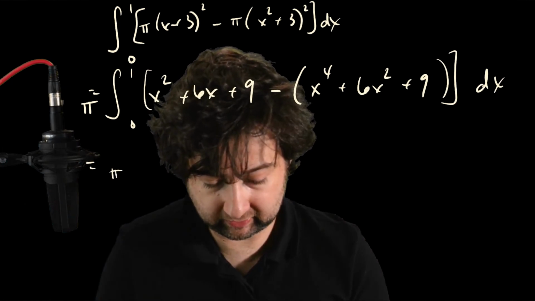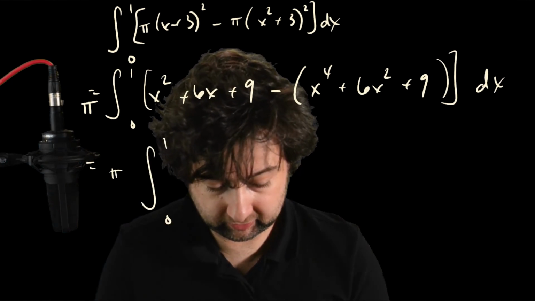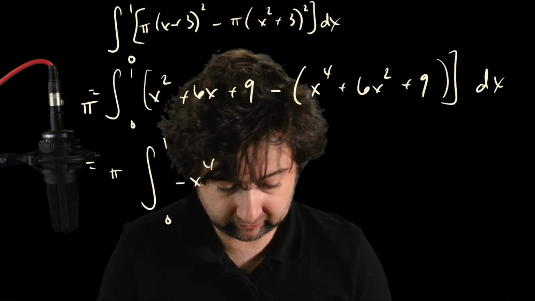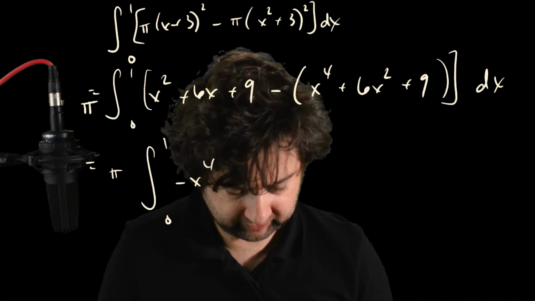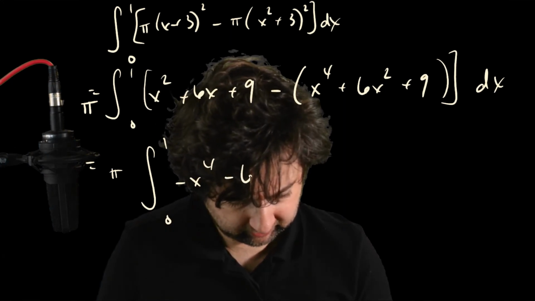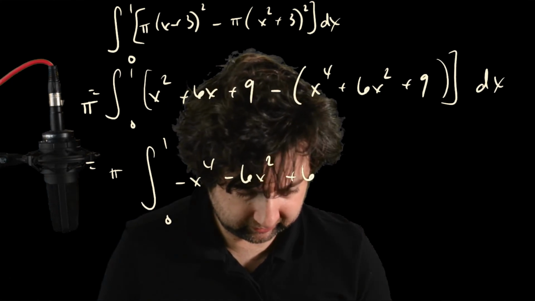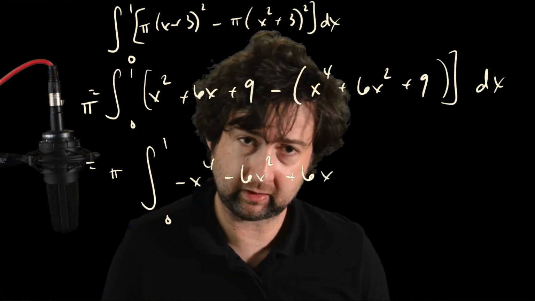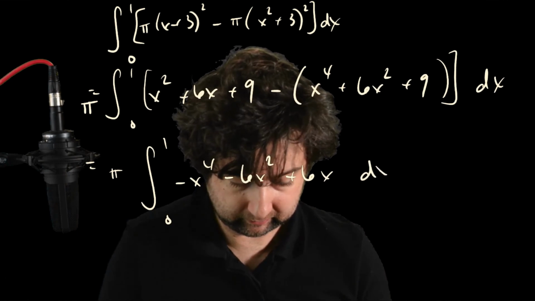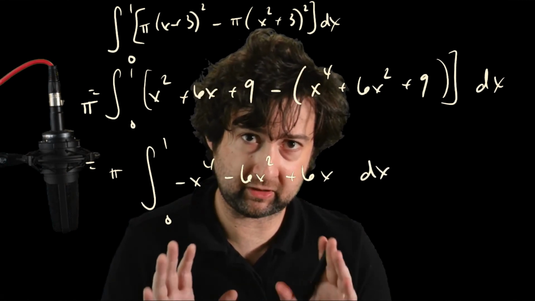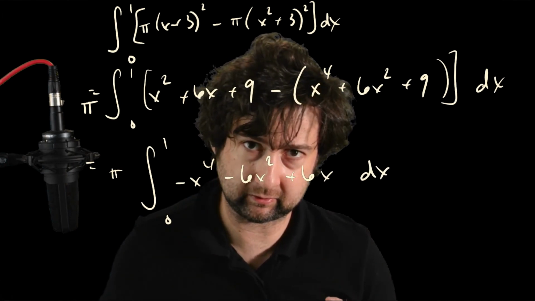Simplifying terms gets us the integral from 0 to 1 of negative x to the 4th, minus 6x squared, plus 6x, and then 9 minus 9 disappears, dx. So this is what I mean about being careful with your algebraic cancellation, okay?